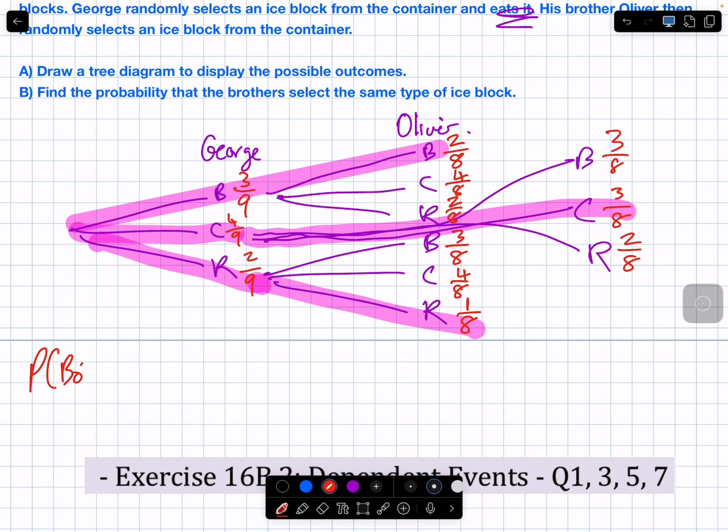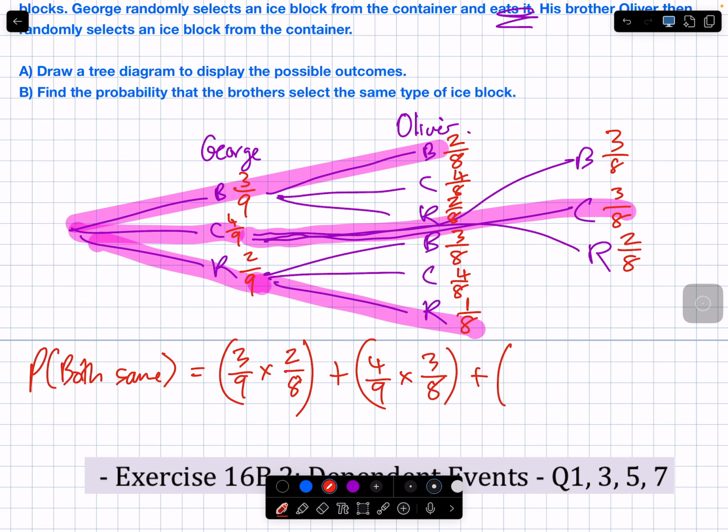Probability both same. We're going to do some timesing and adding. So the top branch is going to be 3 over 9 times 2 over 8. That's the first opportunity to get two of the same. Then we need to add, what are the two numbers I'm going to times together for chocolate and chocolate? 4 over 9 and 3 over 8.